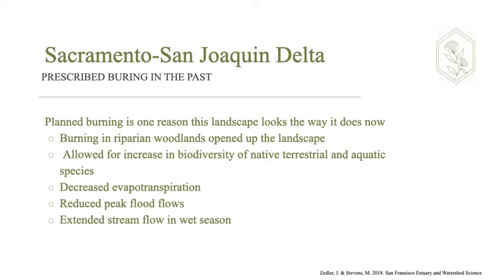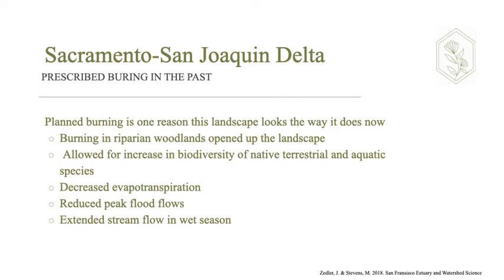So they allow for the opening up of woodlands, and this will in turn increase biodiversity because it allows for the colonization of native plants and native animals to come in, because now there's room for them to grow and they're not being shaded out by big trees and fast-growing grasses.